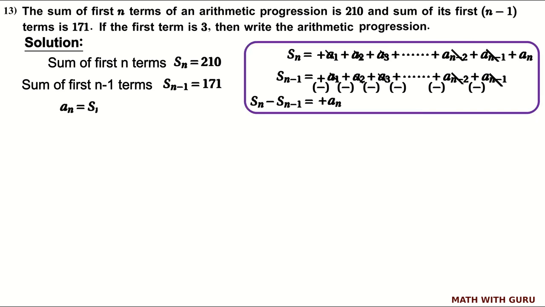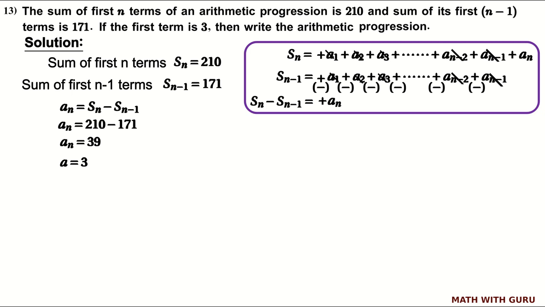Therefore, An equals Sn minus Sn minus 1. An equals 210 minus 171. An equals 39.